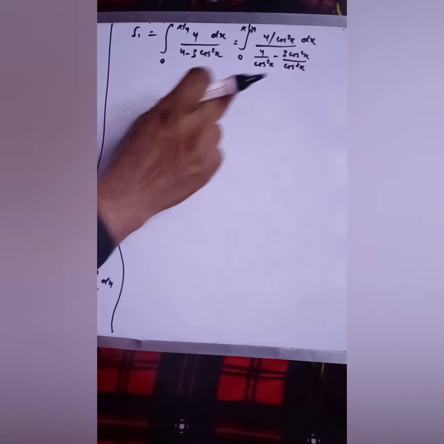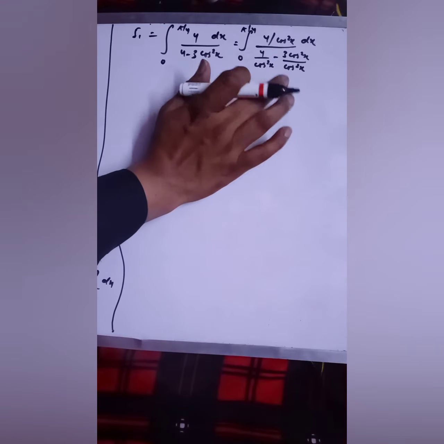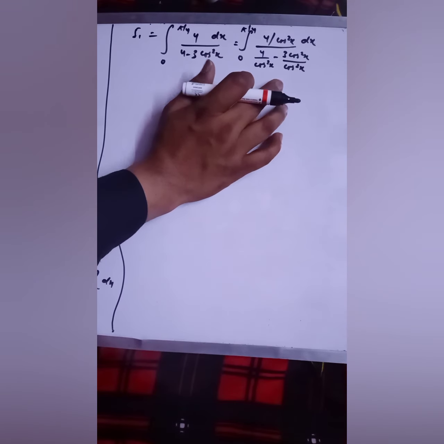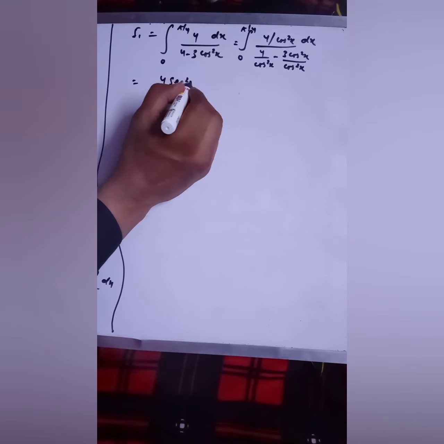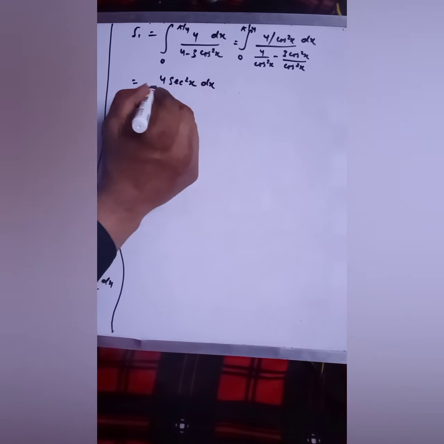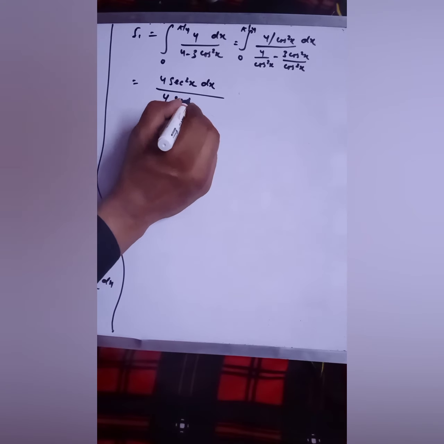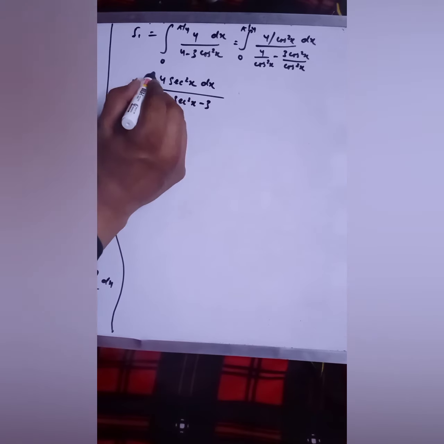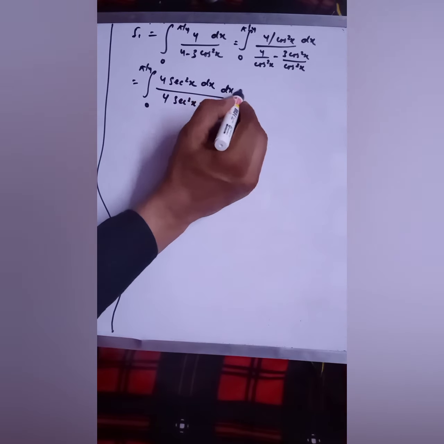So here what we have done, we are dividing the numerator and denominator. ठीक है, हम न्यूमरेटर डिनोमिनेटर को डिवाइड कर देंगे cos square x से. So आपका आंसर आएगा बेटा 4 sec square x into dx over 4 sec square x minus 3 and integration 0 to pi by 4 into dx.